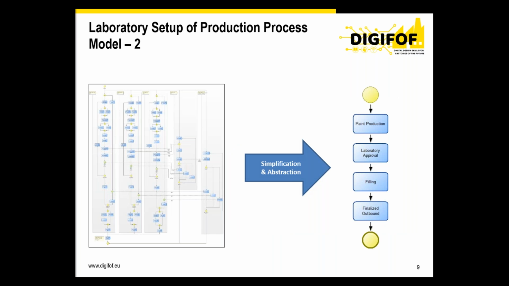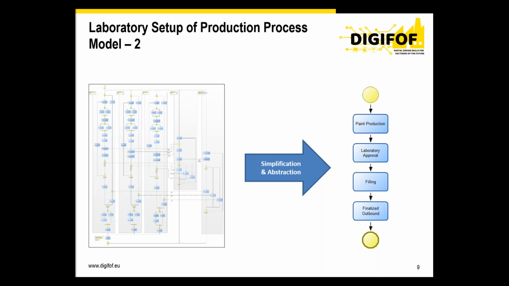Here you can see the real process model with BPMN, and based on this quite complex process, the idea is to reduce the complexity, and so the focus lies on the key aspects.